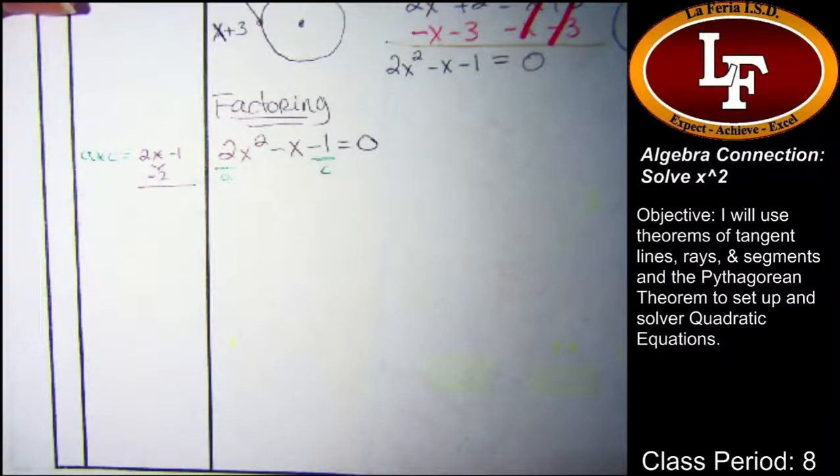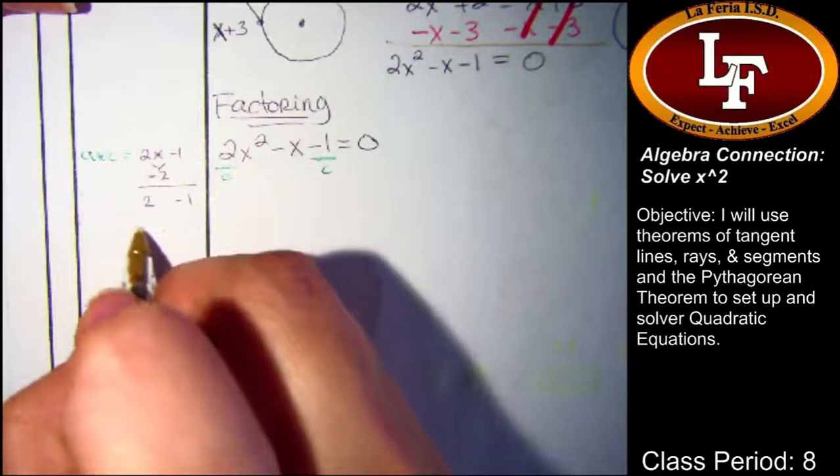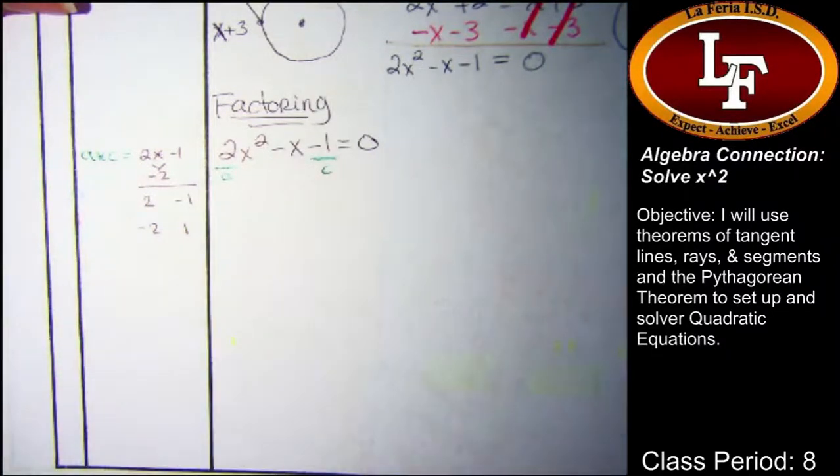The next step. Please list all the pairs of numbers that you multiply together to give you negative 2. That is it. The next step. Please add them together.